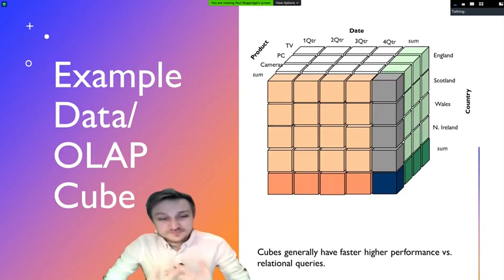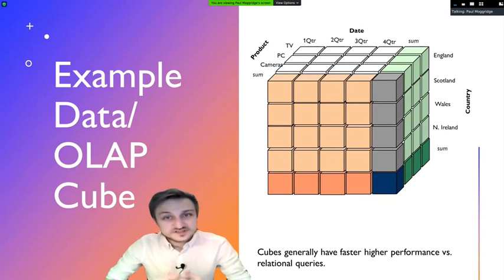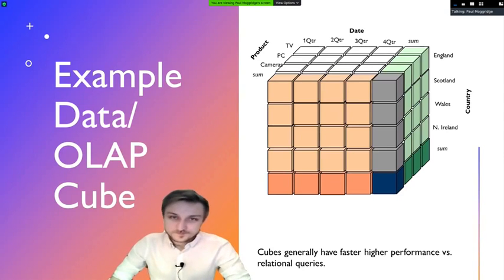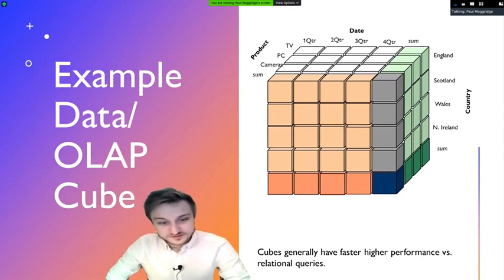Data cubes make it much faster to analyze data. Compare that against a relational database, which may have to run several joins to aggregate data to calculate a sum or an average. The data cubes don't need to do as many joins, and this makes them much faster at the expense of storage space, of course.